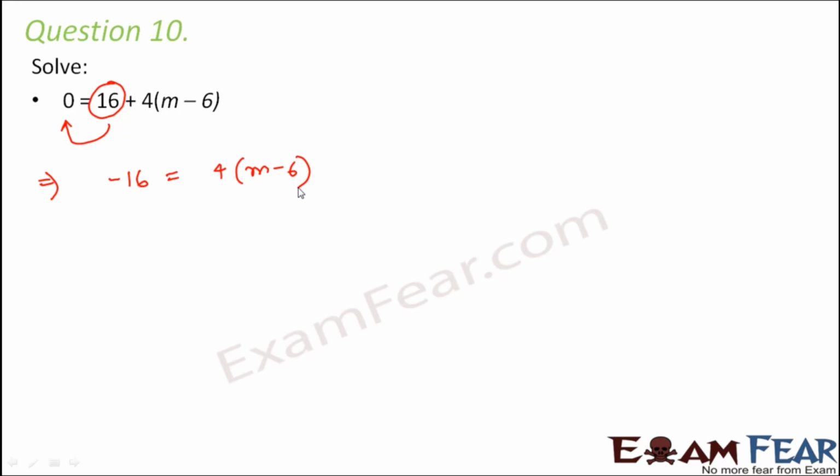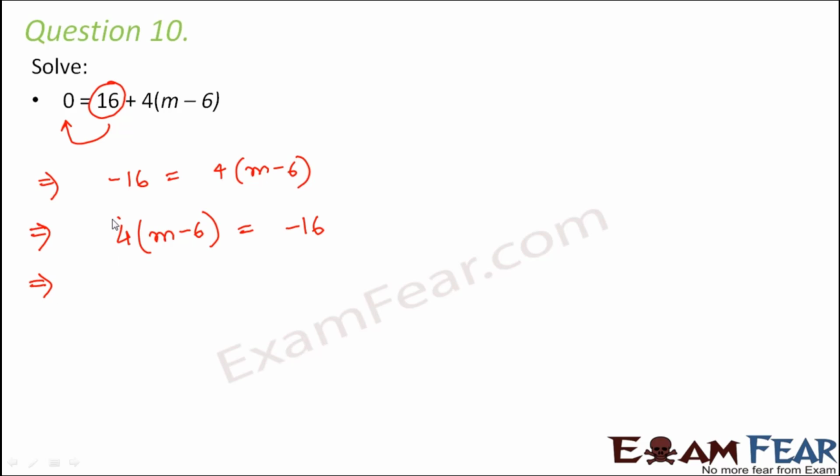Now, if you write minus 16 is equal to 4 into m minus 6, if you want, you can write the entire left hand side as right hand side and the entire right hand side as left hand side. Now this you can only do when you are taking the entire left hand side and writing it on the right hand side, and vice versa. So this can be written as 4 into m minus 6 is equal to minus 16 because they mean the same thing.